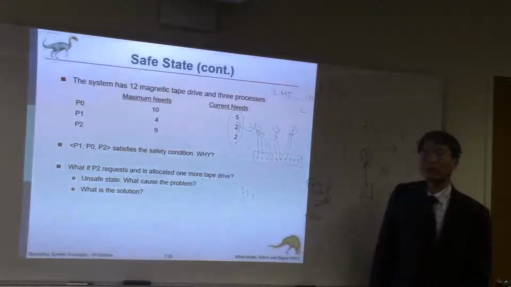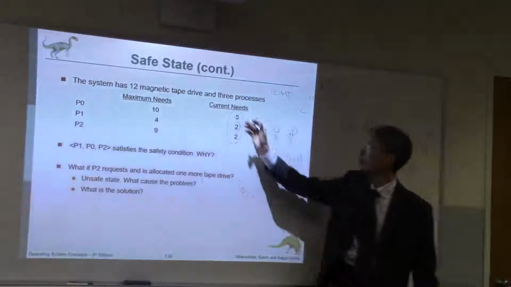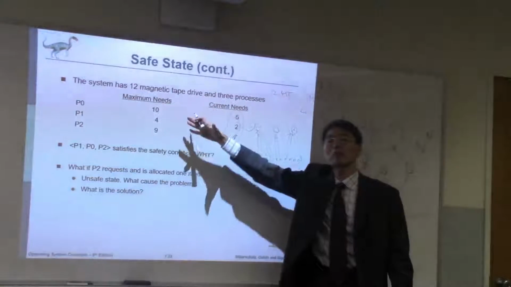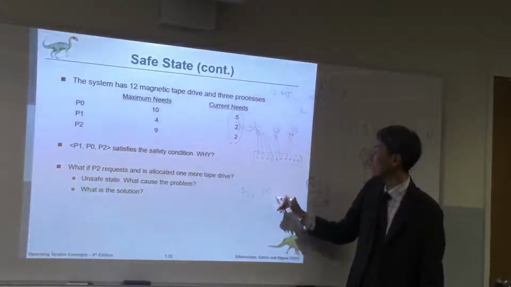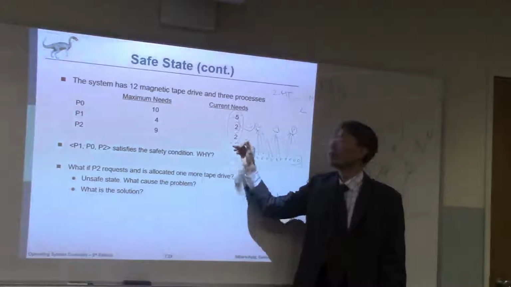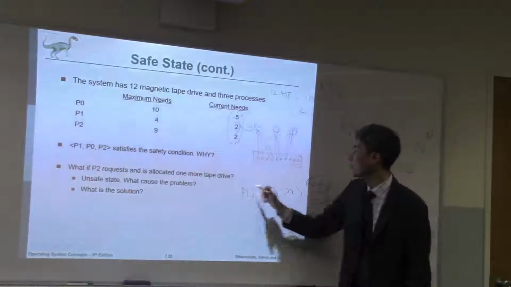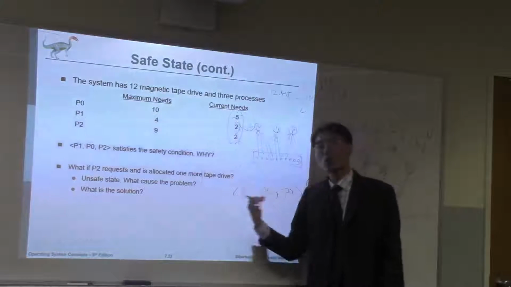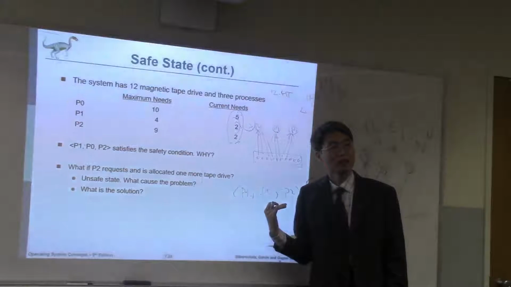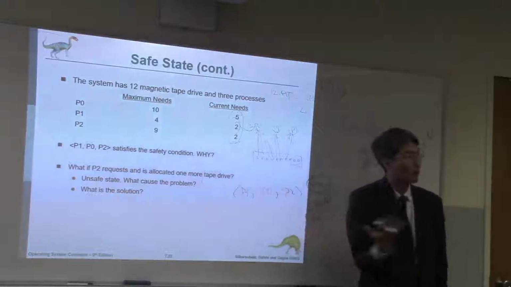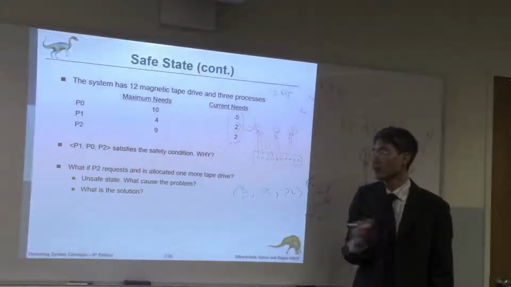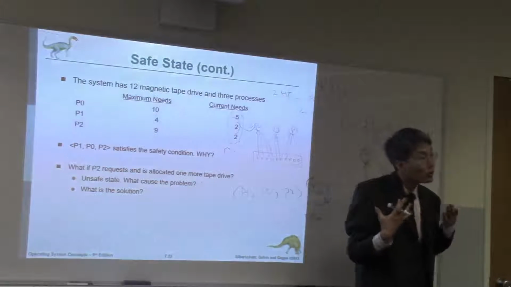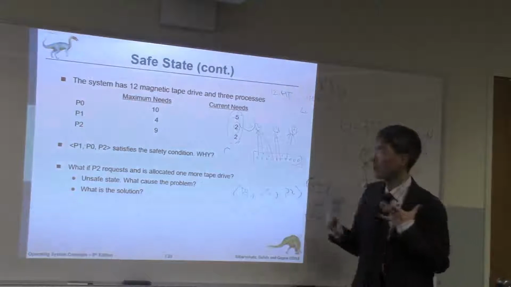Then which will be the next process? P0. P0 needs only 5 more, so P0 can be done. Then finally P2 can be terminated. So P1, P0 followed by P2 is the process list. All of them can be successfully terminated, which means this is the safe state. This is the current status. It's okay. There's no problem.